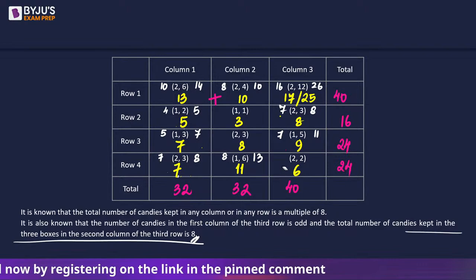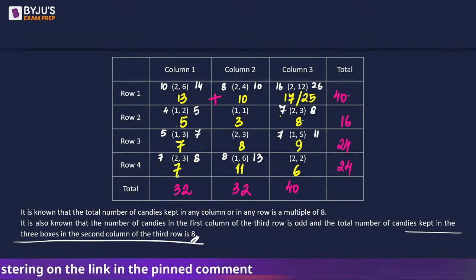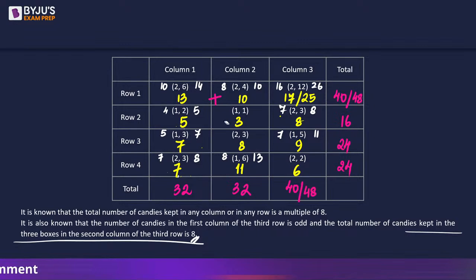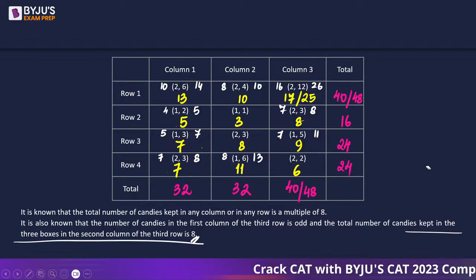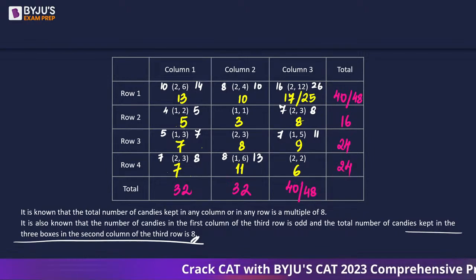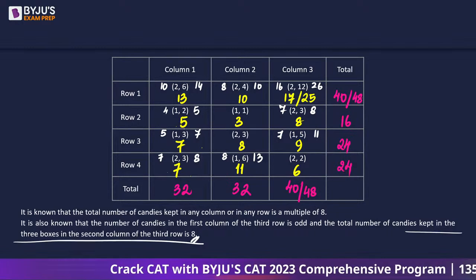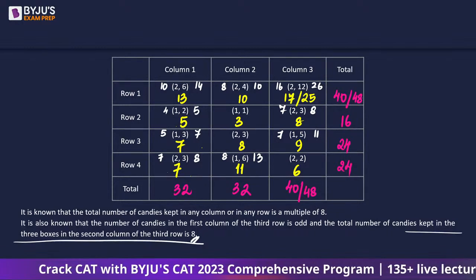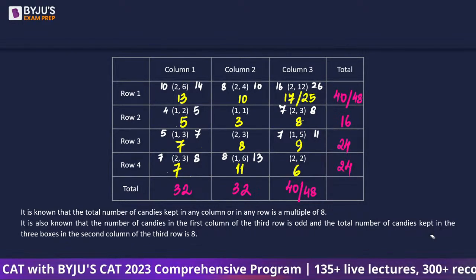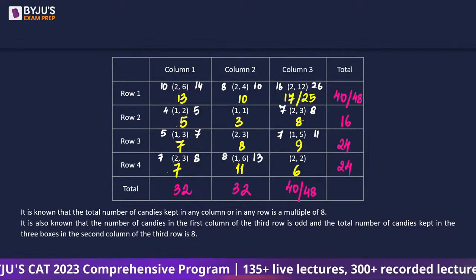When this happens, the sum of the first row is 40 or 48 and sum of the third column will also be 40 and 48. So the only place where we are not sure or it is little dicey is first row, third column. We can have two possibilities here. It could be 17 or 25.